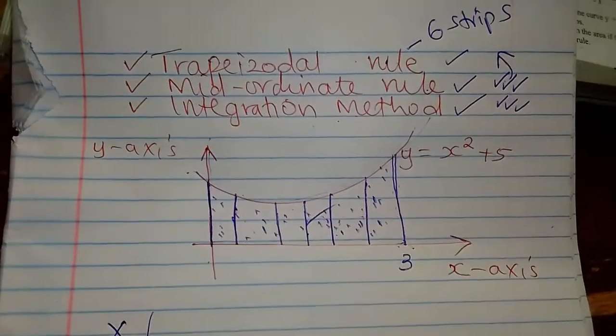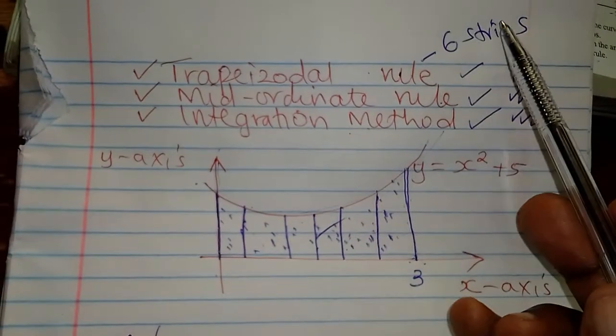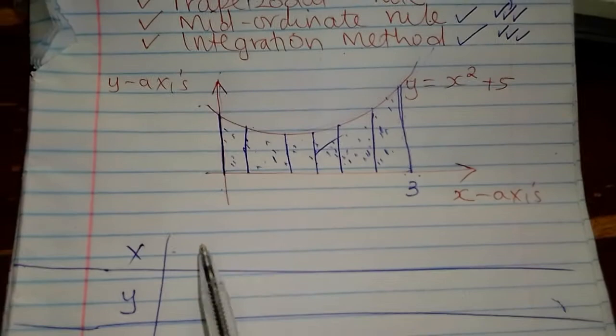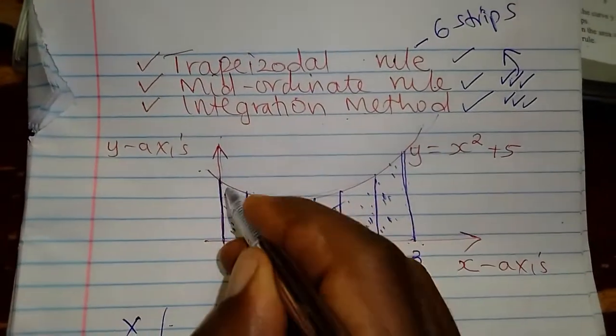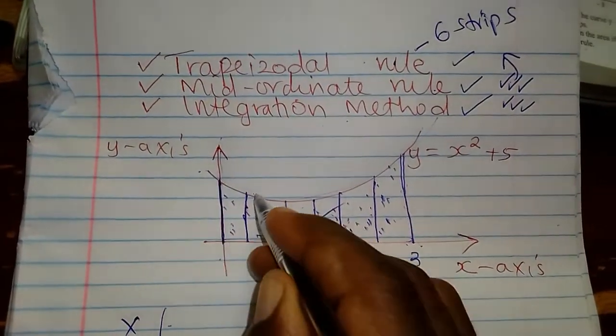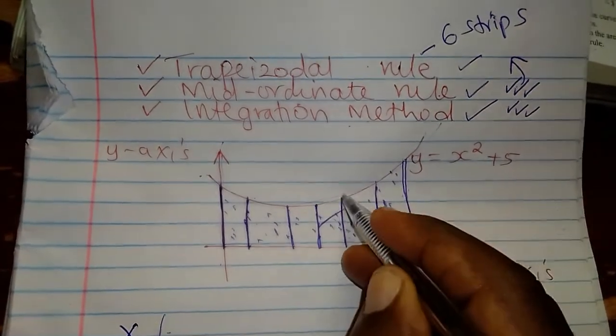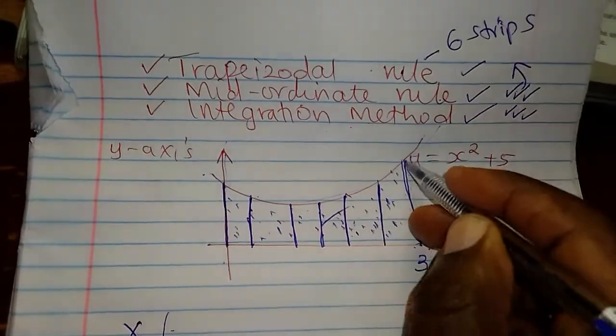So in other words, if you're using 6 strips, you're supposed to have 7 values of x. The first value of x, the second value, the third value, the fourth value, the fifth value, the sixth value, and the seventh.